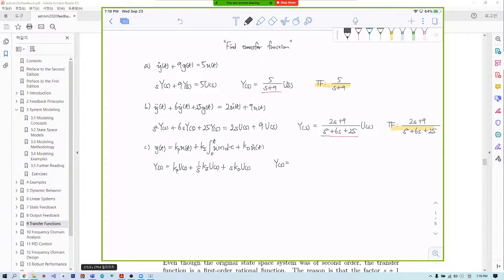Rearranging, we have Y of s equals Kp plus the reciprocal of s times Ki plus s times Kd, factor out U of s. So the transfer function in this case is going to be this thing. Very straightforward. Right?